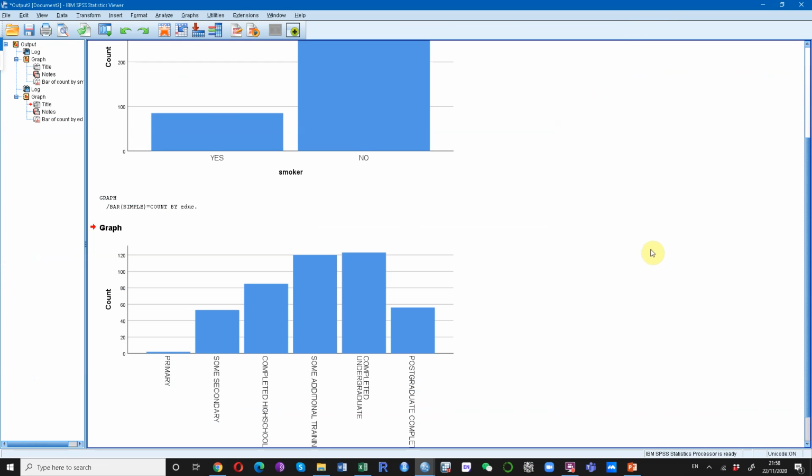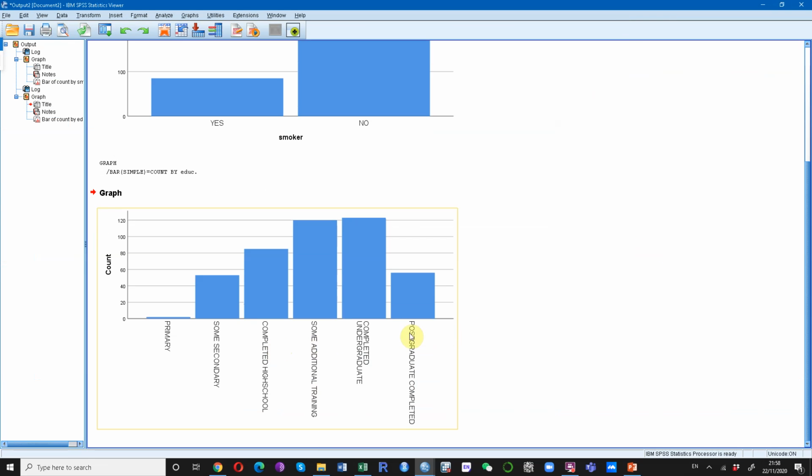Then in the result window, it's really obvious that the highest number is actually completed undergraduate. So this group of people are actually quite well educated. Some additional training before the high school, after the high school, and postgraduate has a decent number of postgraduate as well.